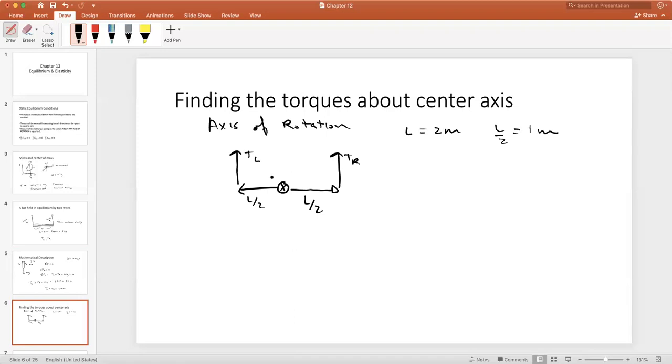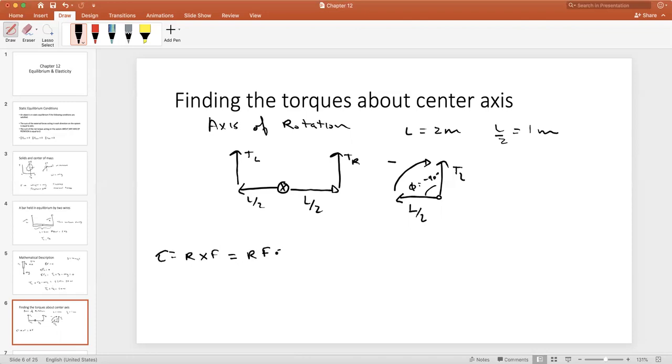So what are these two torques? Remember that when we draw a torque diagram, we draw the two vectors tail to tail. And then by the right-hand rule, if it's counterclockwise, it's positive. If it's clockwise, it's negative. This is clockwise, so it's negative. Another way to see this is that this angle is negative 90 degrees. So each torque is R cross F here.